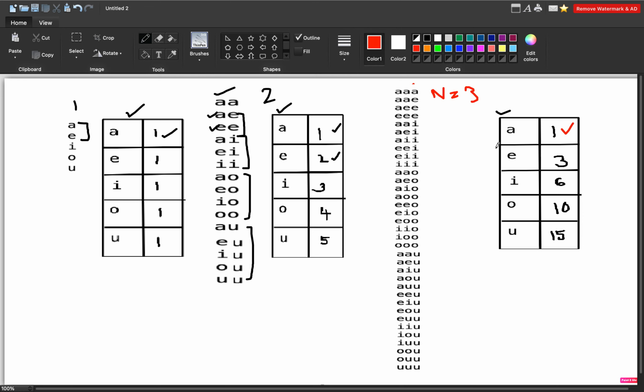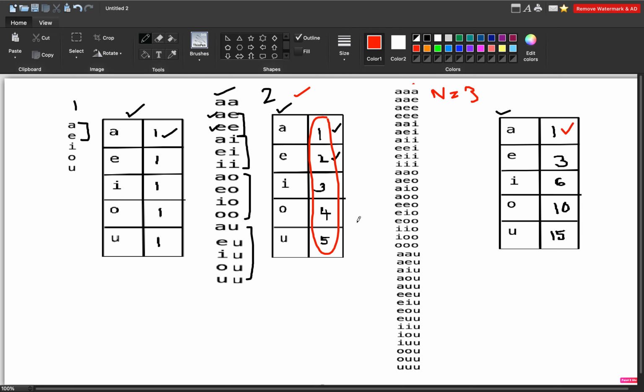And for ending with e, we will not take the sum of these two elements of this array, but rather we will take the sum from the previous n. It was 2, so we will take the sum of this. Similarly the answer is 3, you can recheck. And similarly for i, it is 1 plus 2 plus 3, and for o it is 1 plus 2 plus 3 plus 4, which is 10, and again for u.